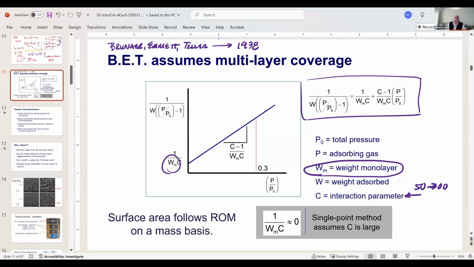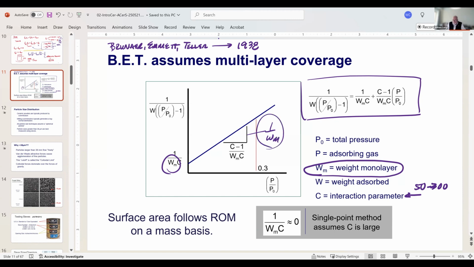And if that value is large, this can be approximated as 0, okay? And then this, C minus 1 over C, also goes to 1. So the slope of this line then becomes 1 over W sub m.